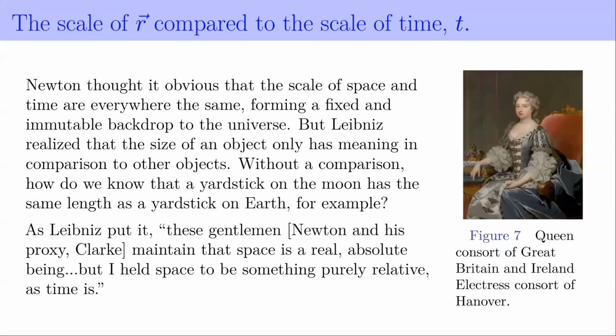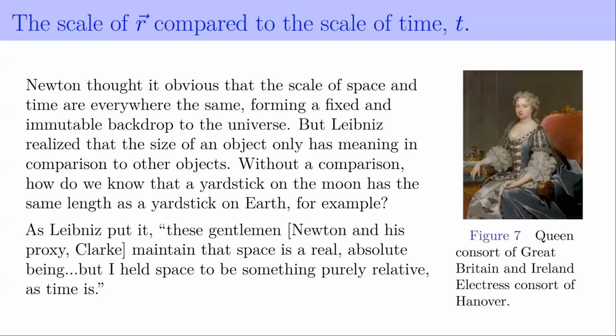Okay, so this is the Queen Consort of Great Britain and Ireland, Electress Consort of Hanover, Caroline, picture on the right. And Newton thought it was obvious that the scale of space and time are everywhere the same, forming a fixed and immutable backdrop to the universe.